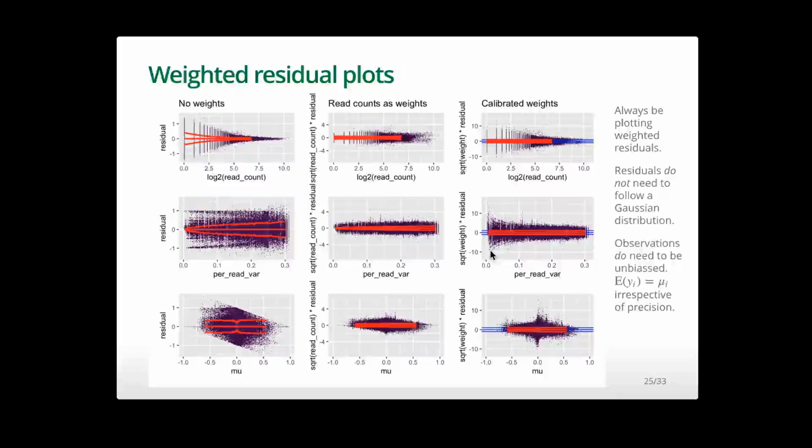It would be tempting, if you've got a low precision estimate, to squeeze it towards the mean, but that's something we don't want to do. It's much more important that the observations are unbiased and that they're minimum error, because that's what we're relying on in order to do statistics with this.